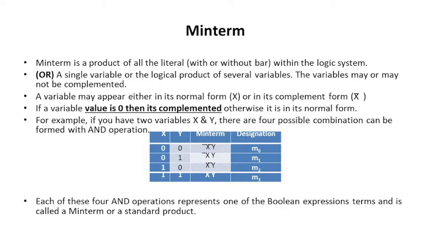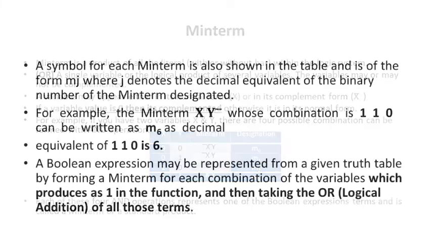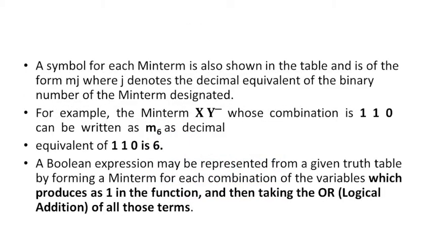And each of these four AND operations represents one of the Boolean expression terms and is called a minterm or standard product. A symbol of each minterm is also shown in the table and is of the form mj, where j denotes the decimal equivalent of the binary number of the minterm designated.